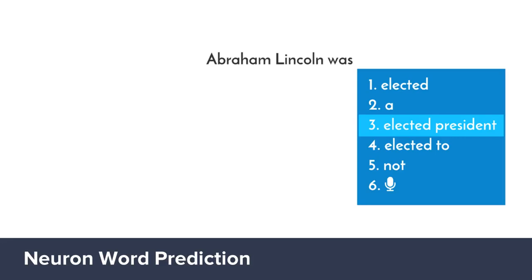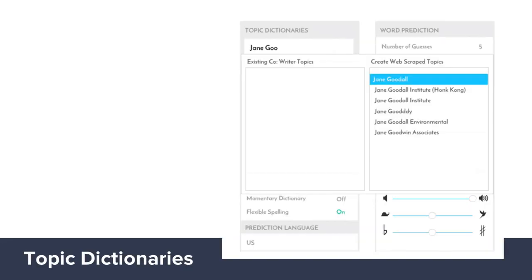So not only will I have Abraham and Lincoln in my prediction list without a topic dictionary, but I'll also have words that are associated with Lincoln, such as president or Civil War, that would be available, Emancipation Proclamation. And we'll get to that and we'll demonstrate that.